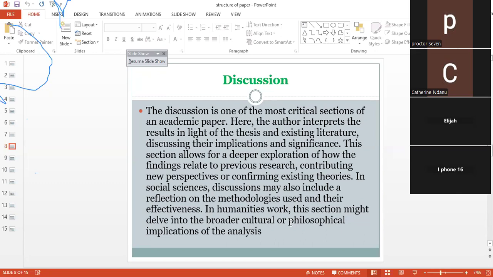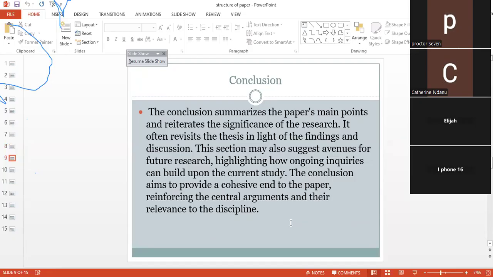So in social sciences, discussions may include reflection on the methodologies used and their effectiveness. In the humanities, this section might delve into broader cultural and philosophical implications of the analysis and all that. But we have said in the discussion section, you now interpret the results in the light of the problem statement.